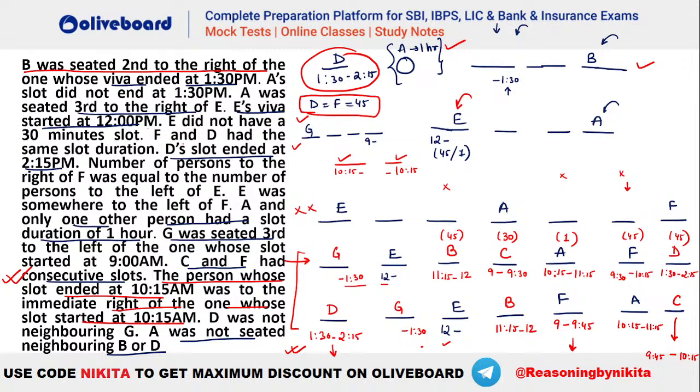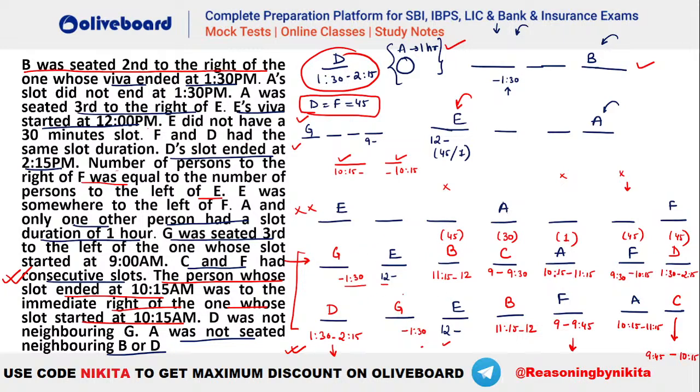Okay. After that, F and D had the same slot duration. So you can see in either of the situations, both of them are having a 45-minute slot duration. So no problem. D slot ended at 2:15. So you can see D slot is ending at 2:15 in both the cases. Number of persons to the right of F was equal to number of persons to the left of E. So you can see in the first case, we have one person here, one person here.